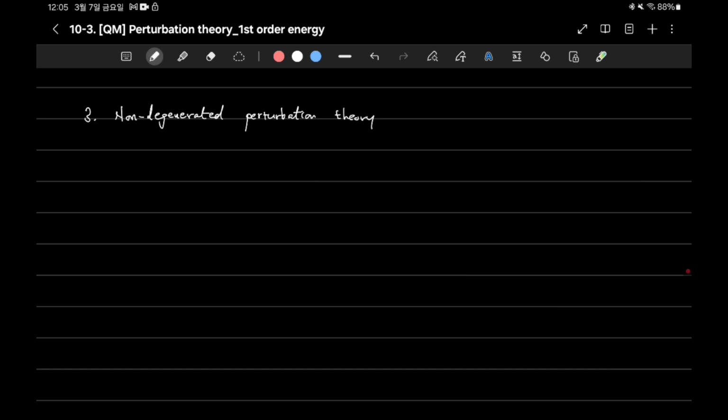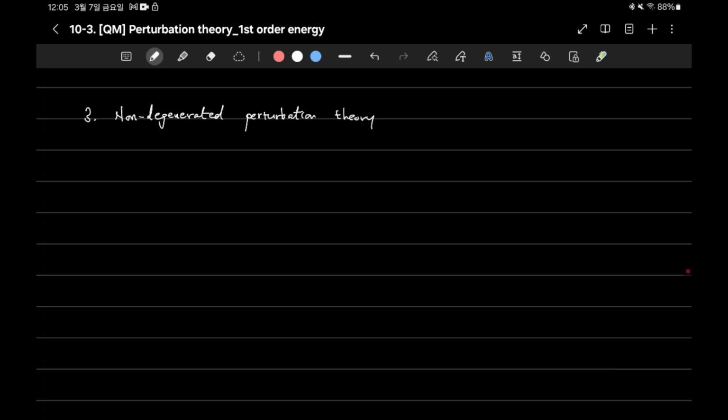If it is degenerate, and if we assume a degenerate energy state, then the first order or higher order perturbation energy term diverges. That is a violation of the first criterion that the perturbed Hamiltonian should be small compared to the unperturbed Hamiltonian.